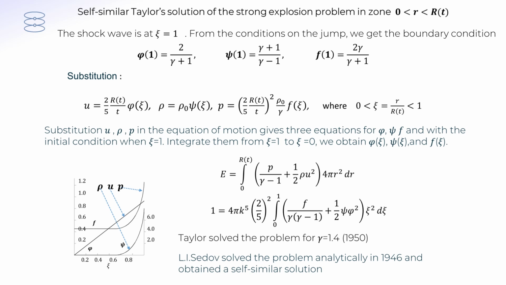The picture of this solution you can see here. This is the behavior of the pressure. This is the behavior of velocity of particles, and this is the behavior of density. All of them, after the jump, decrease between the jump and the point of explosion.